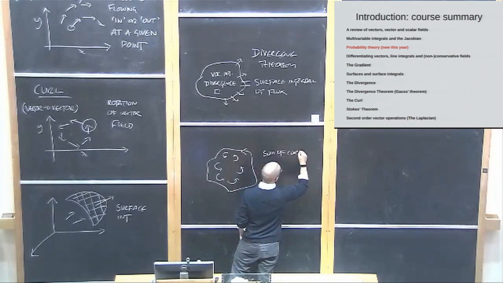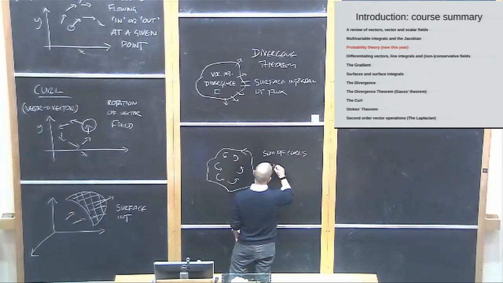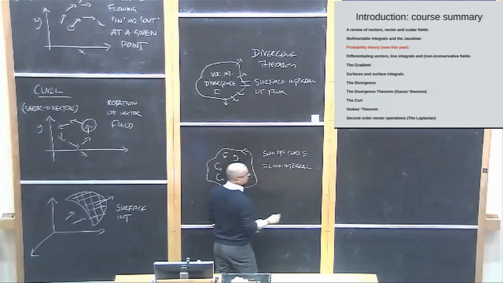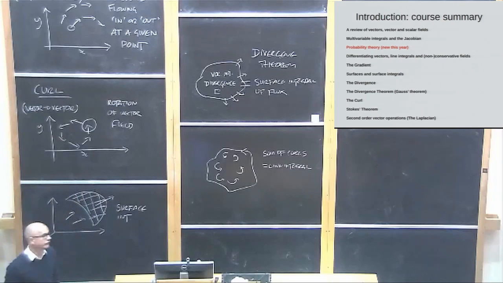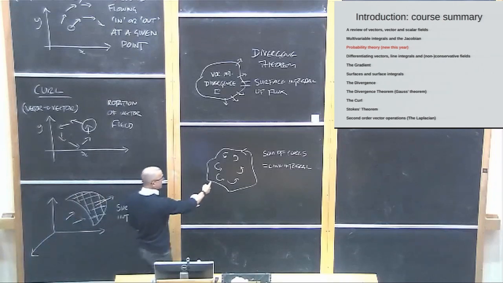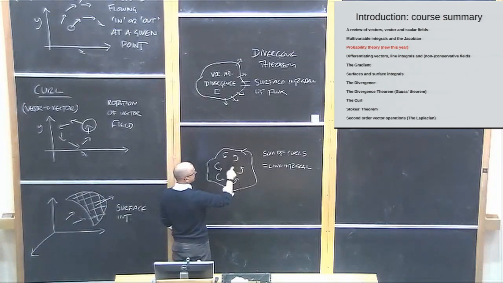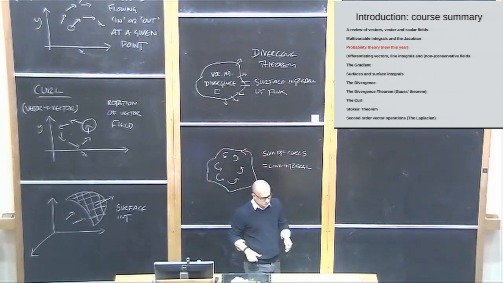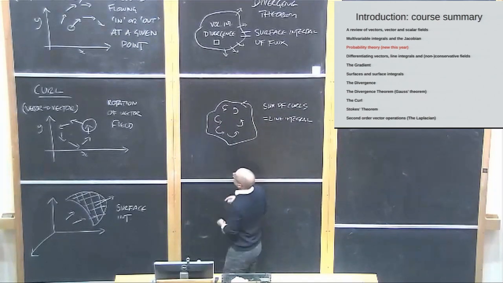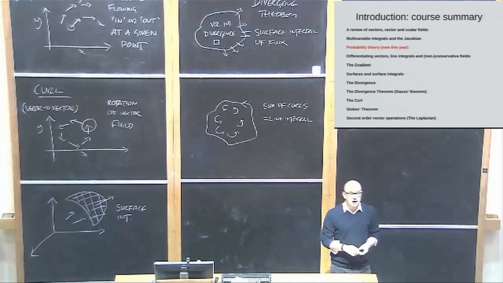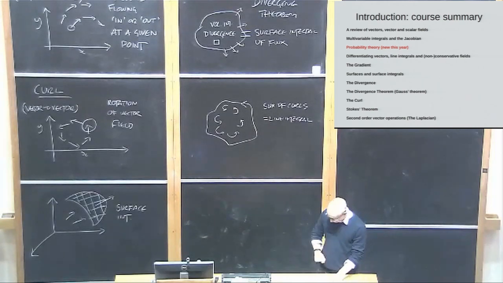So the sum of the curls, or the integral of the curls, equals the line integral. And that's not much less intuitive, I think, than the divergence theorem. You may imagine your vector field is rotating a lot in here, but the net amount around the boundary of your surface will be just that, which you can measure by doing the line integral. Okay, and then we'll finish the course in about week 7 by doing the second order vector operations.